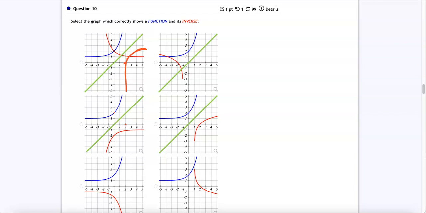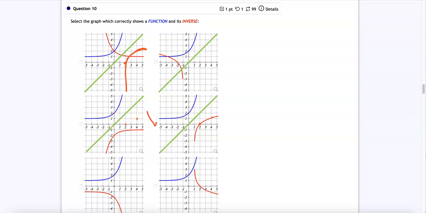Also, if this is 1, 4, 1, 4 needs to correspond over here to 4, 1. And you're not seeing that happen for this, but over here you do see that happen. So here you see that we have 2, 0 and 4, 1, just as you would expect. So this one is the correct answer.